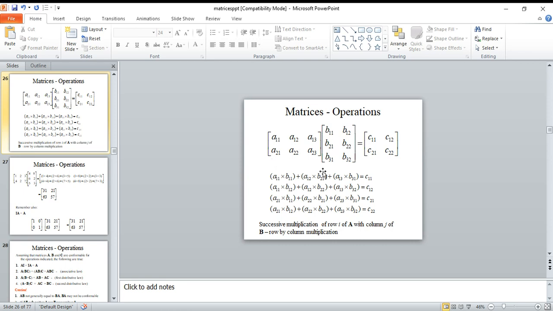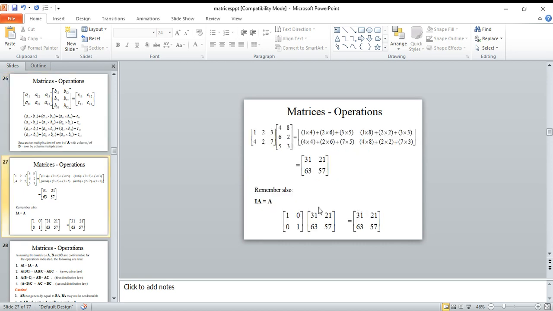A21 into B11 plus A22 into B21 plus A23 into B31 gives the third element of the product matrix. The second row with the second column, A21 into B12 plus A22 into B22 plus A23 into B32, gives the last element of the product matrix. This is the process of multiplication.